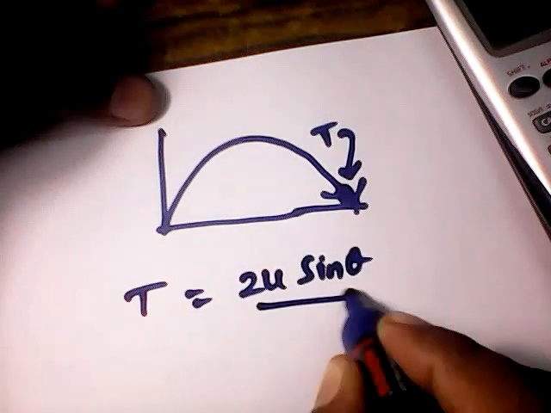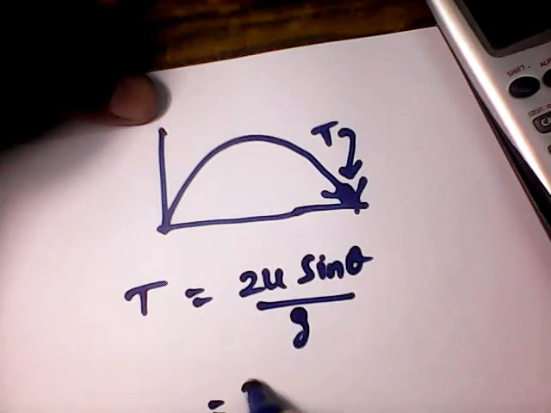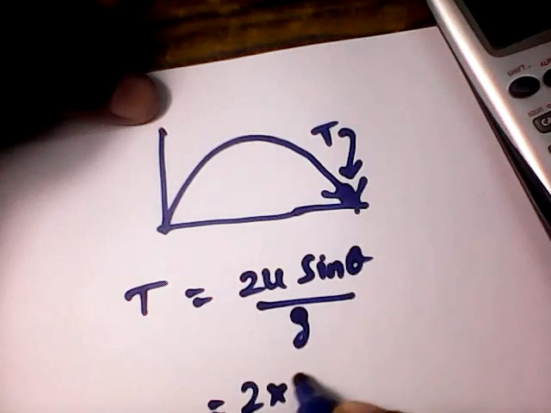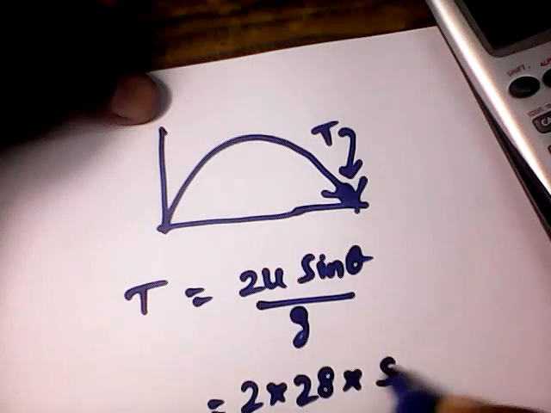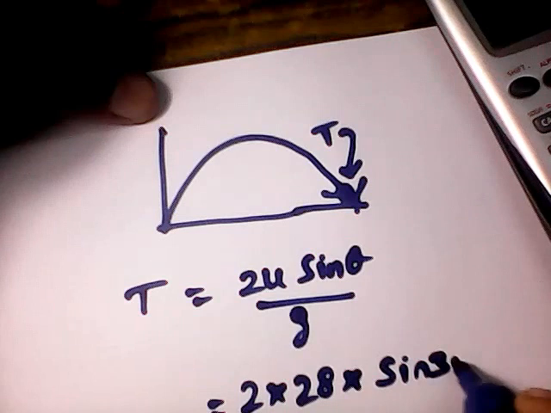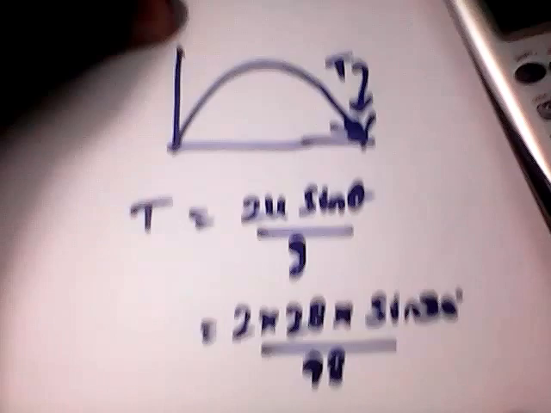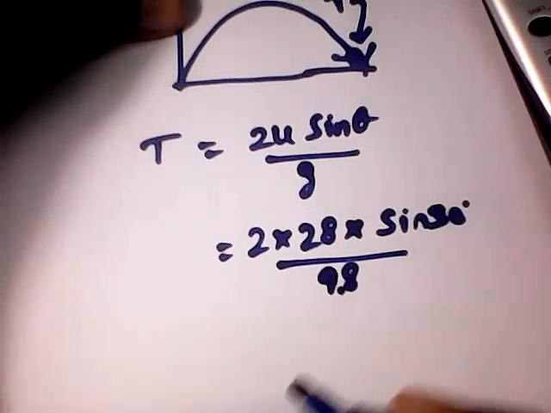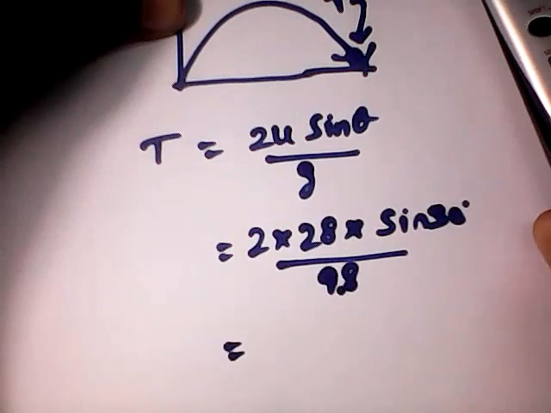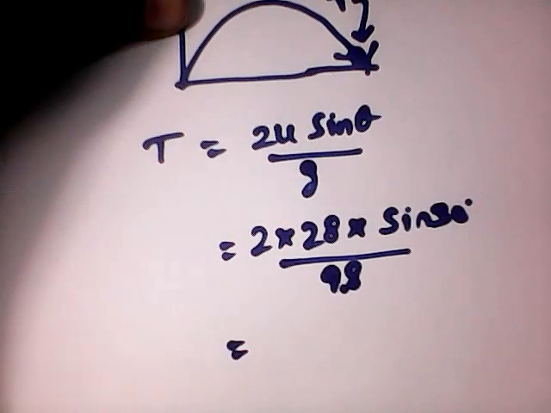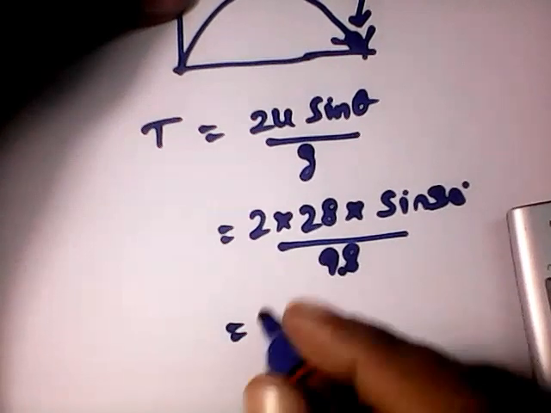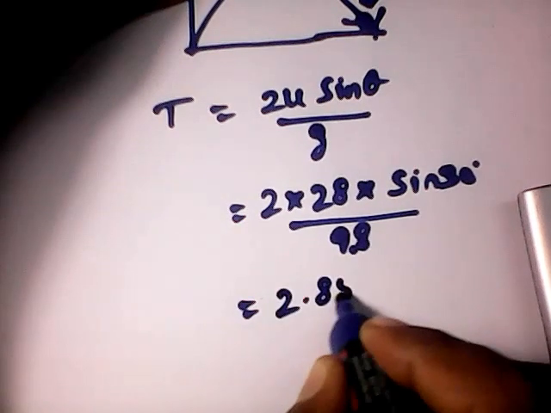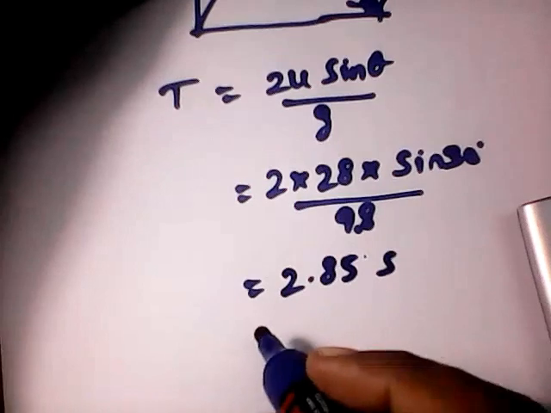2u sin theta by g. So 2 into 28 into sine of 30 by 9.8, which comes to approximately 2.857 seconds.